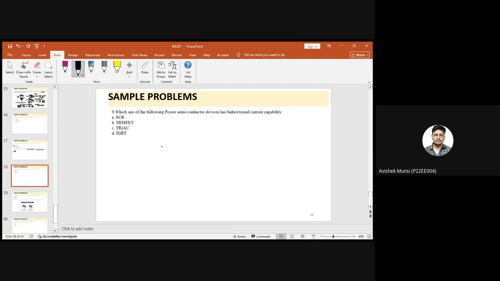So next question: which of the following power semiconductor devices has bidirectional current capability? This is very easy for you to answer.